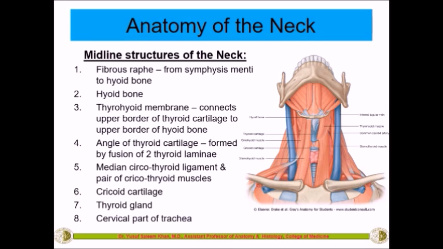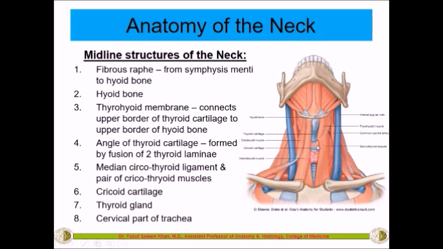Below that there is one more ligament or membrane which extends between the thyroid cartilage and a small cartilage, the cricoid cartilage. So there is a membrane, called the cricothyroid membrane, and this membrane is thickened at particular points, and that part is called the cricothyroid ligament.